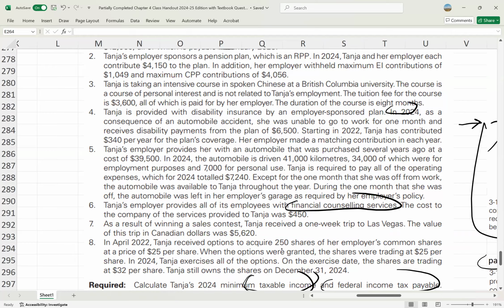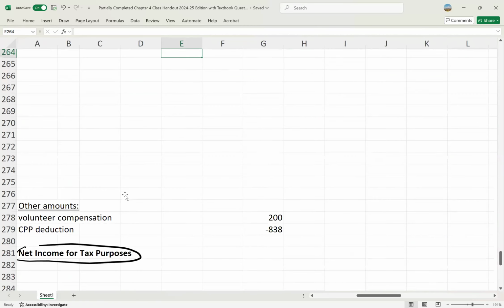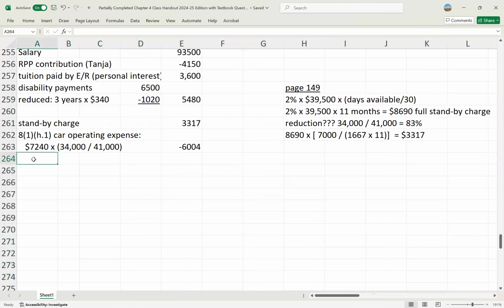So then this would be a taxable benefit. If it was retirement counseling, it would be excluded from employment income. But because it's not, under our employment income, the financial counseling, we would add the 450 because that's a benefit that would be added to our income subject to tax.